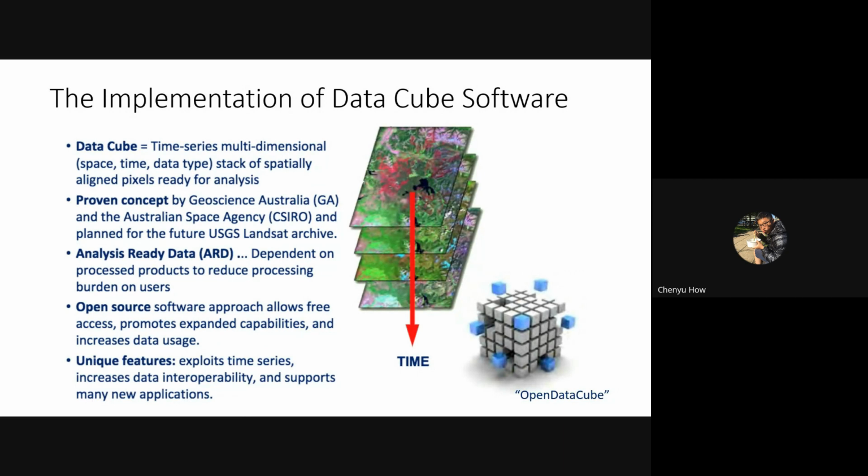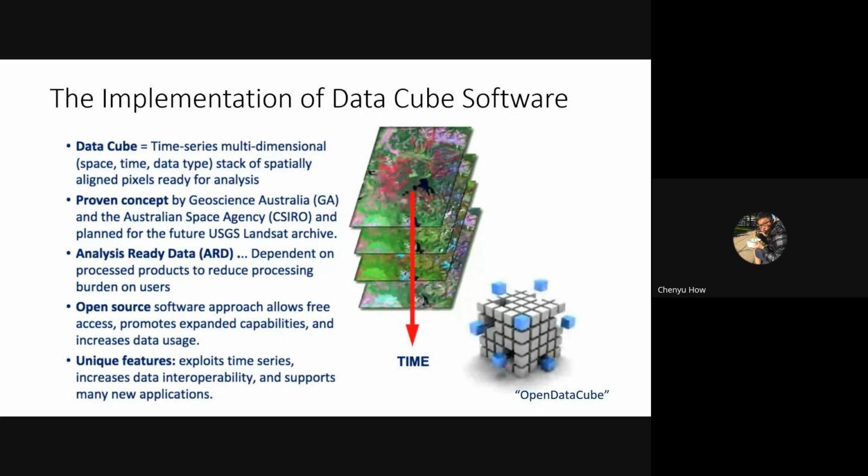They can just jump into the image analysis stage directly. So a wealth of analysis-ready data can streamline the data collection process for researchers, and this ensures the data is ready for immediate analysis without extensive preprocessing.